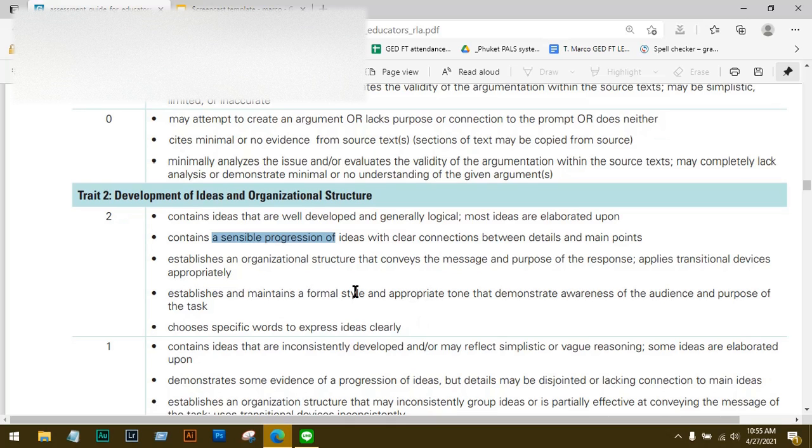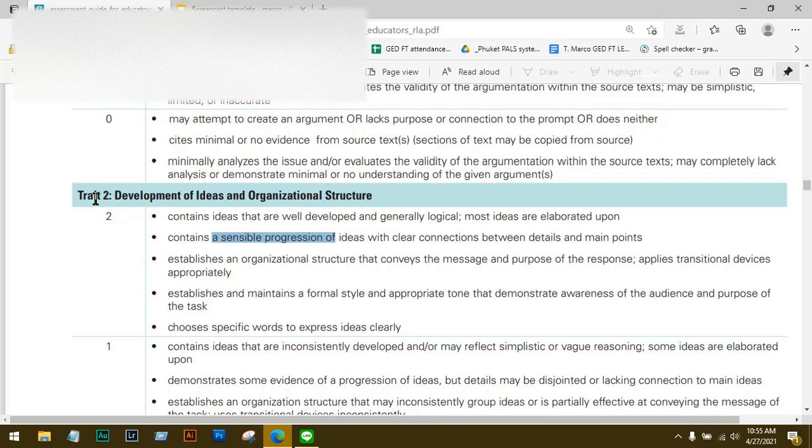One thing that I tell my students is, imagine that your reader is someone who is not aware of the text or the source text yet. Imagine that you're trying to explain in a very systematic way, in a very efficient way. In that way, your essay will be organized. Imagine that you're trying to teach someone about a certain topic. So that's the secret in order for you to have a 2 points score for the second trait.